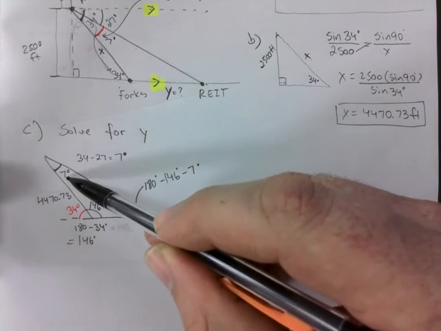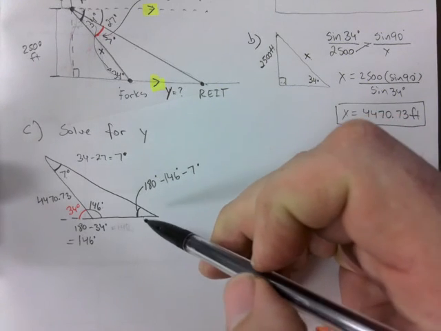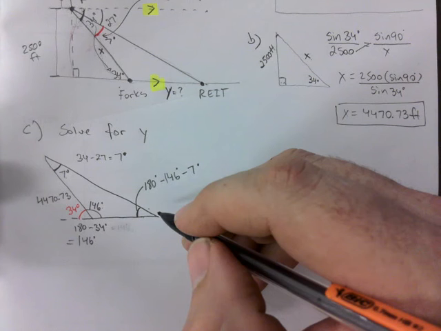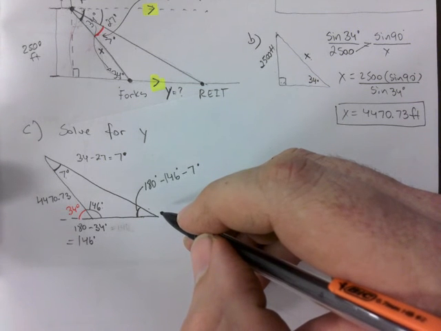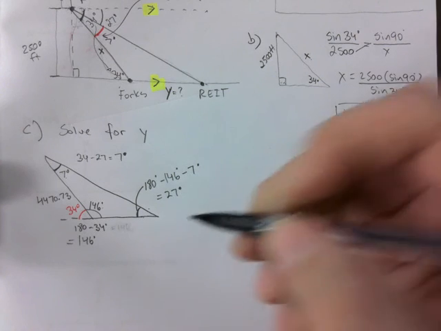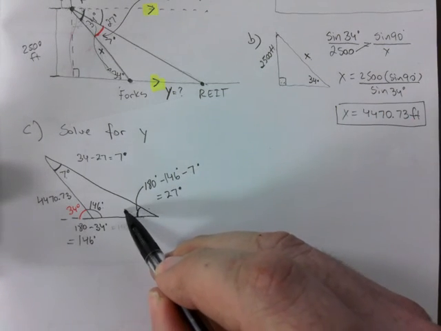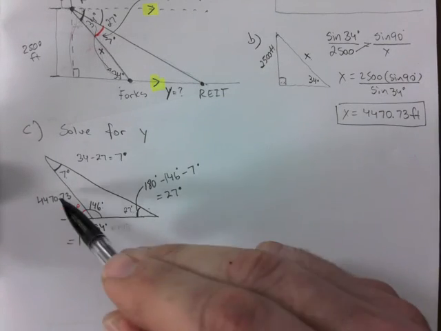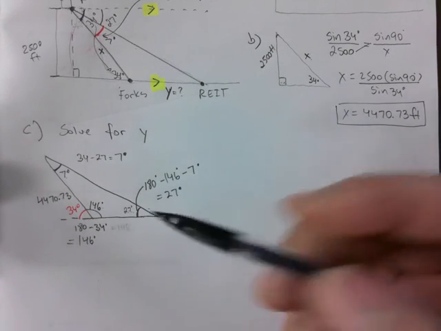That's how I got this. And then this one here gets me 27 degrees. I will also write that in. So now I have a pair to get started.